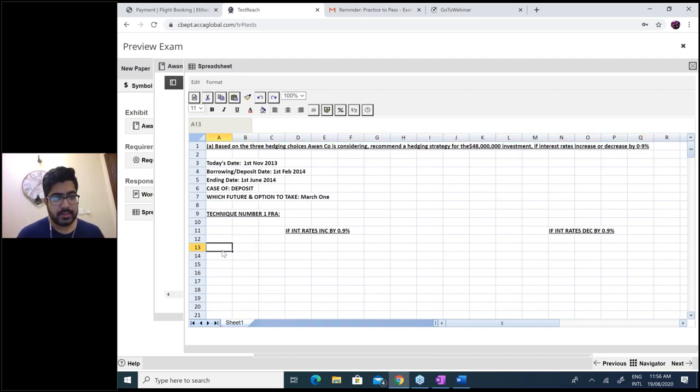Okay, so the format is, you take the actual cost of borrowing or return on deposit. It's a deposit case, so return on deposit, and gain or loss due to FRA, to get the net cost.